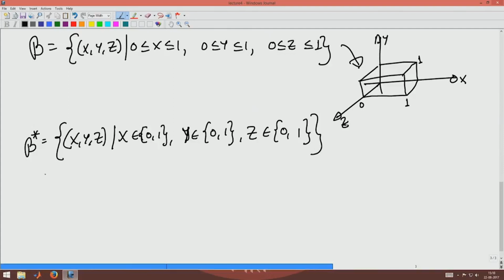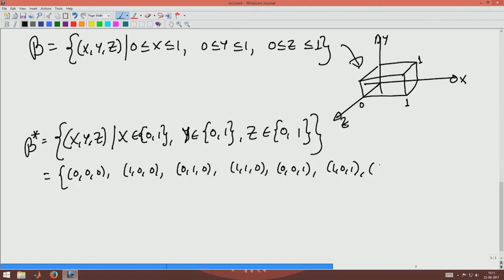What this means is, this means the 8 corner points of the cube, namely 0 0 0, 1 0 0, 0 1 0, 1 1 0, 0 0 1, 1 0 1, 0 1 1, 1 1 1. So, I have 8 points here.